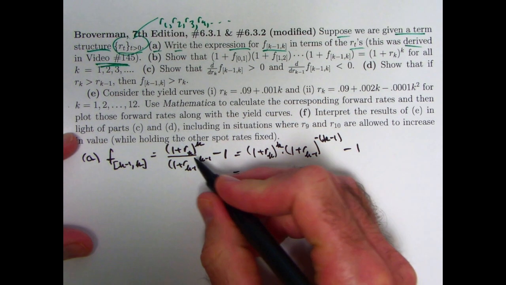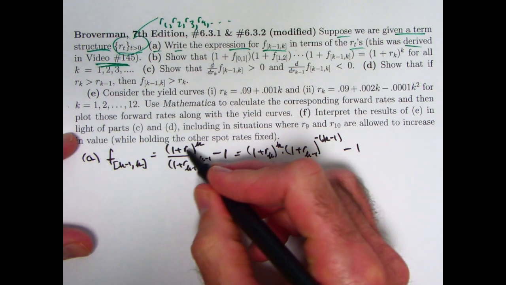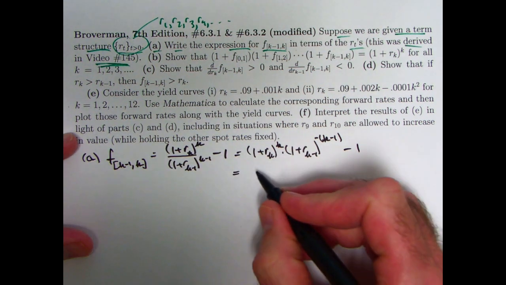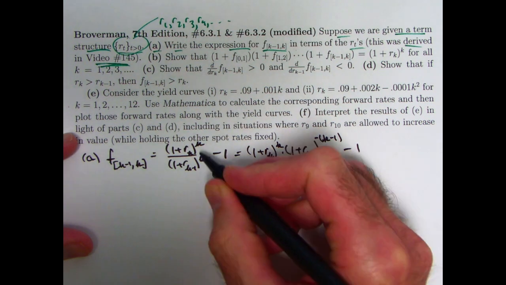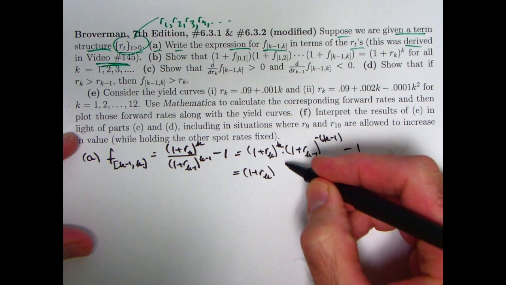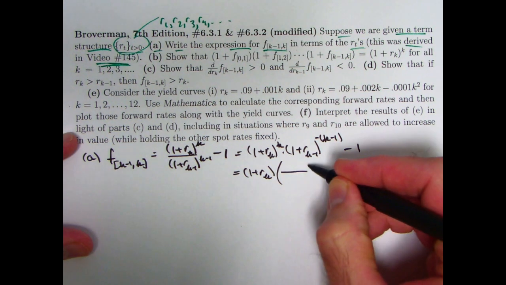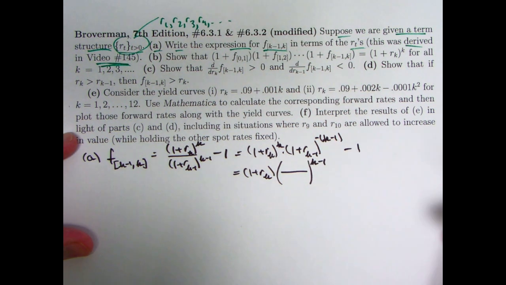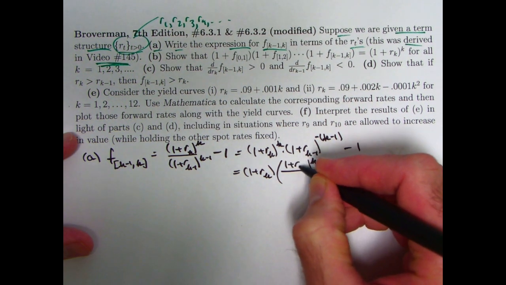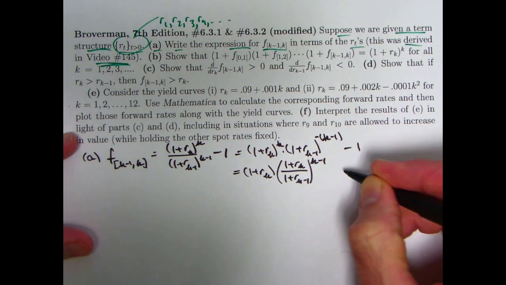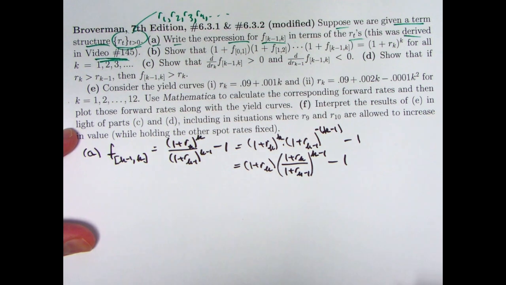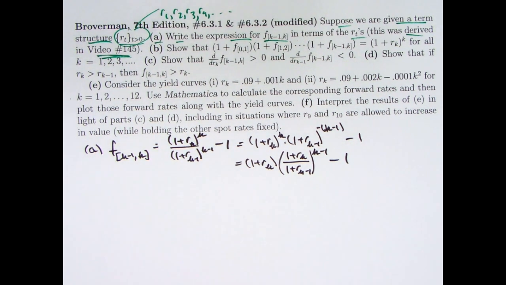One other way I can write this that will be helpful is I can take one of those factors of 1 plus r_k and put it out in front, 1 plus r_k to the first power, and then with what remains in the fraction, write it as a single fraction to the k minus 1 power, where I have 1 plus r_k on top and 1 plus r_k minus 1 on the bottom. Then don't forget to subtract 1.